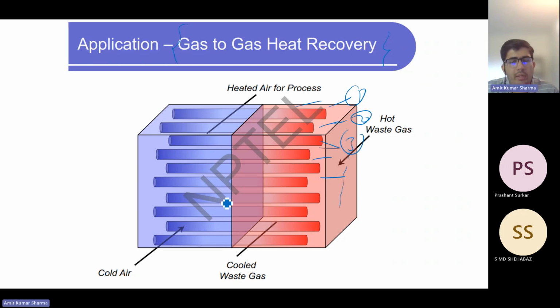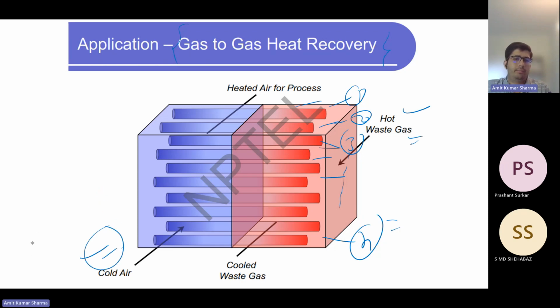So there are n number of heat pipes. On one side there is hot gas, and on the other side there is cool air. One side the cold air is going, and on the other side the hot waste gas is incoming. So in this way, we can heat the cold air for our process.